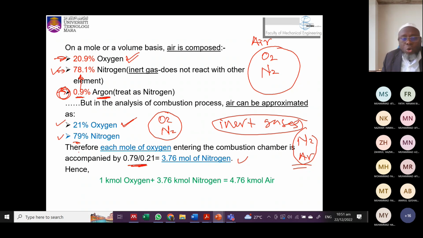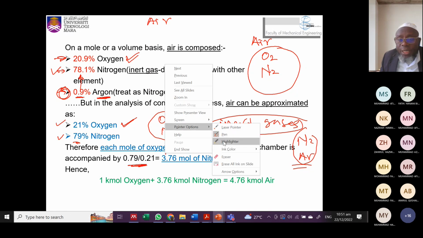So for any amount of atmospheric air that enters the combustion chamber, it will be accompanied by, let's say, if I divide here, we have the atmospheric air consists of oxygen. Let me delete this, so then it will be clear to everyone.